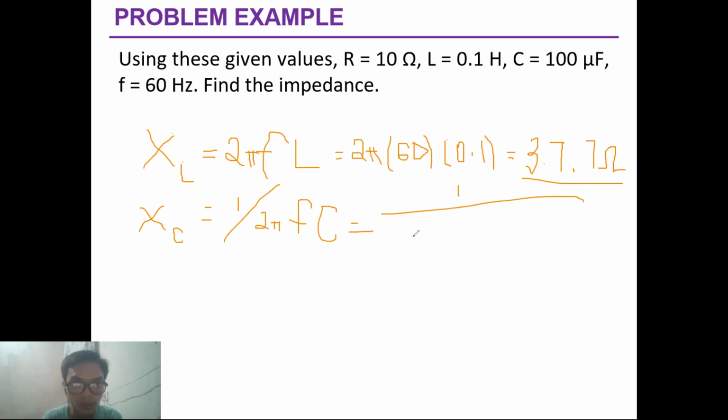So we have 1 over 2 pi times the frequency, which is 60 hertz, and the capacitance. We have 100 microfarad.